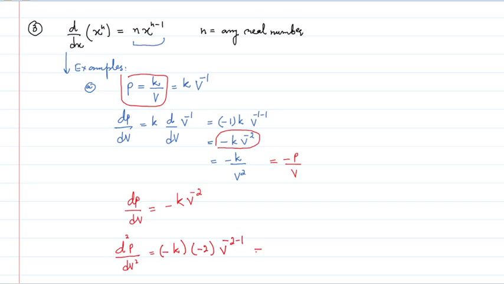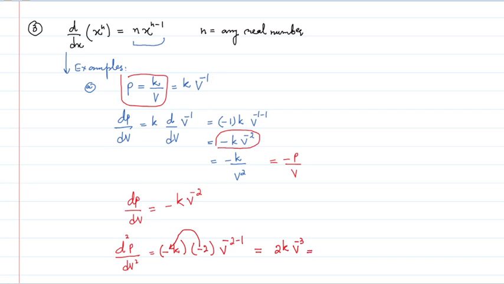So this can be written as, you take this minus and this minus here, it will be plus then. That means it will be simply plus 2 k, and this will be v raised power minus 3.